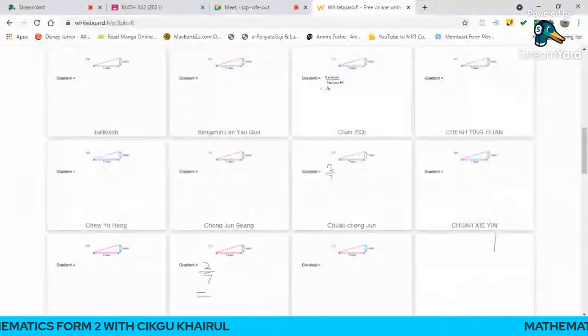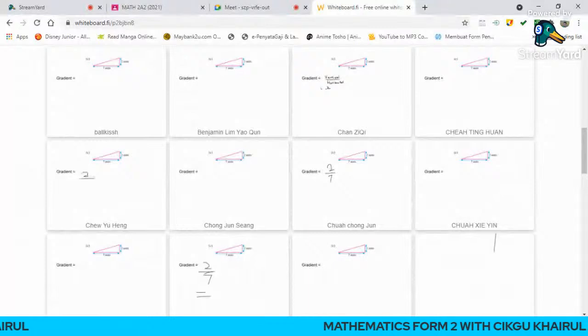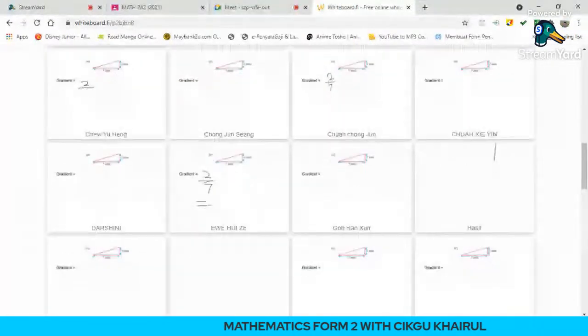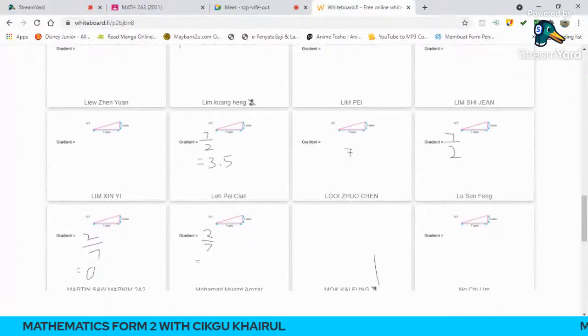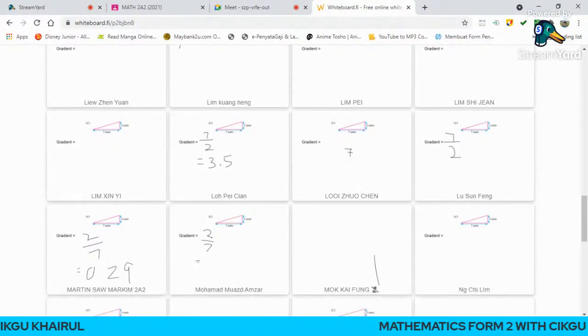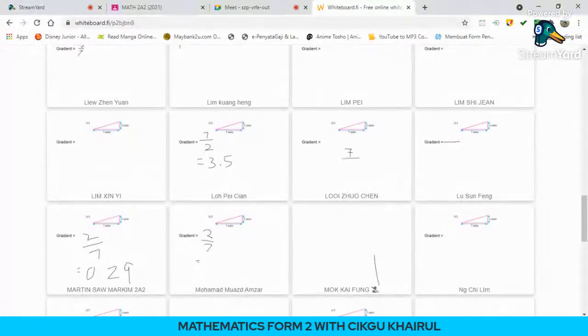I see Chanziki already wrote 2/7. Chua Chongchun also the same. Very good. Lo Peiqian and Lu Songfeng, wrong.